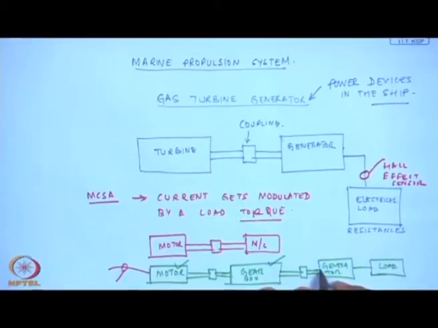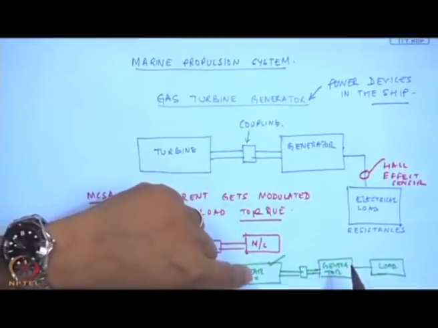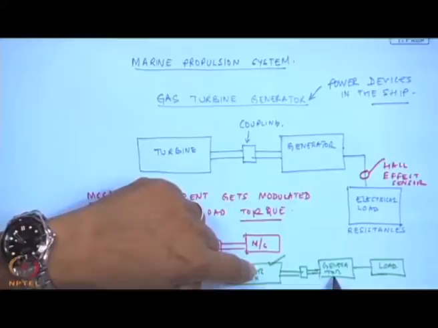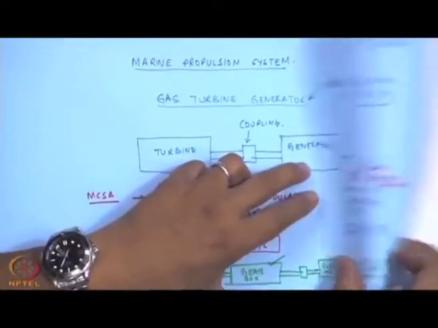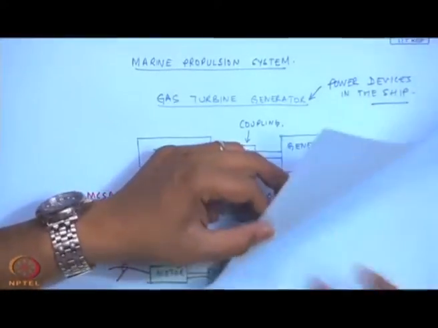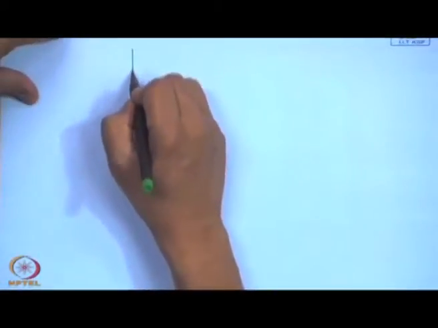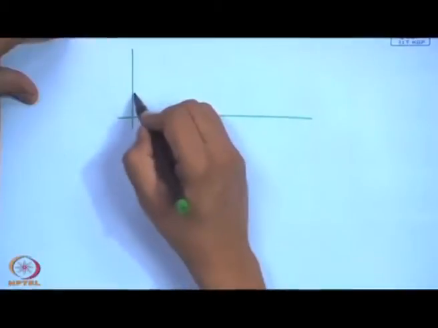Now, the other way also happens. If there is a defect in the gearbox, the voltage which is generated by the generator will have ripples.